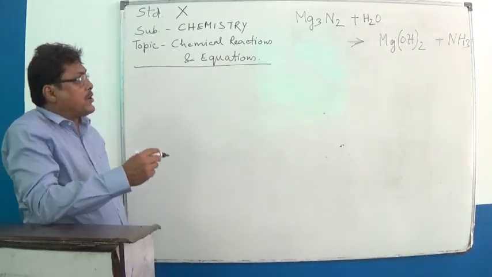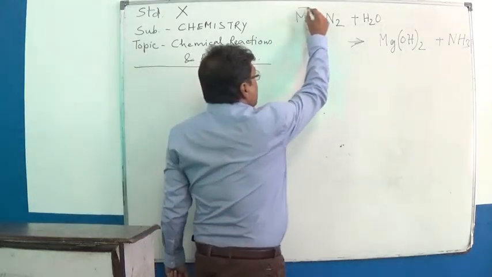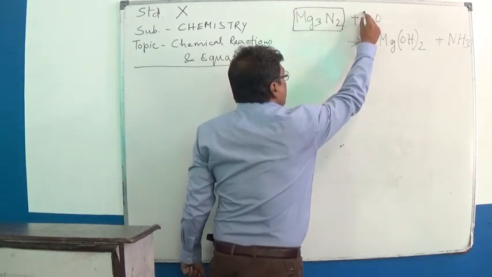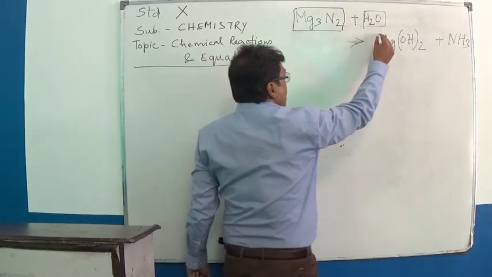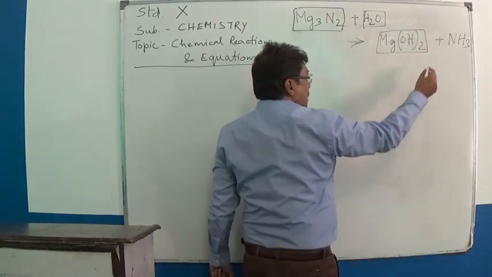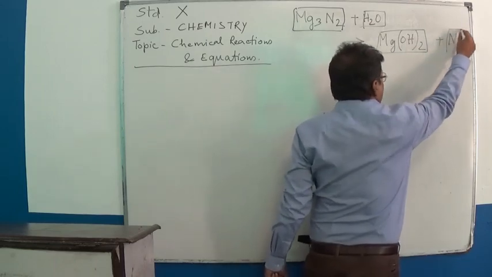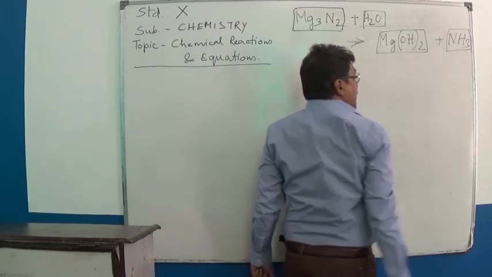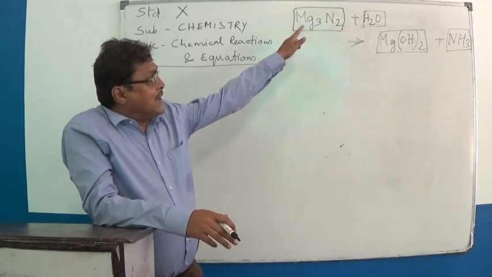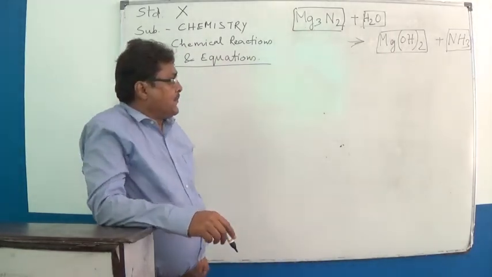Let's balance the equation. First step, we must box each of the entities both on the reactant and product side, so that we remember when we change the coefficient, we actually multiply all the atoms inside that box.